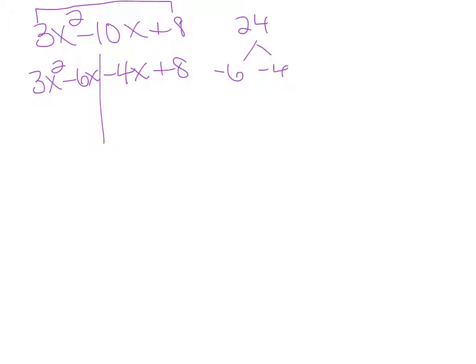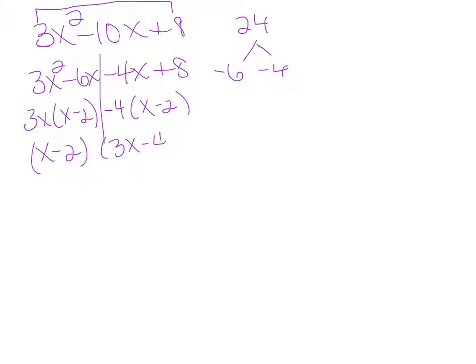On the left, my GCF is 3x. I'm left with x minus 2. On the right, my GCF is negative 4. I'm left with x minus 2. So x minus 2, 3x minus 4.